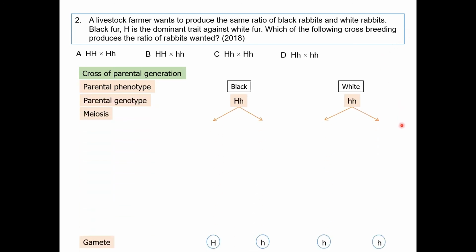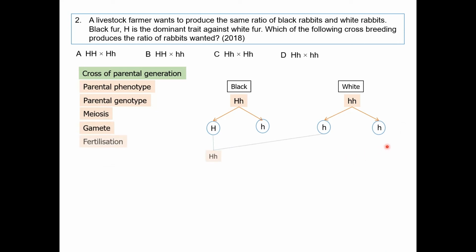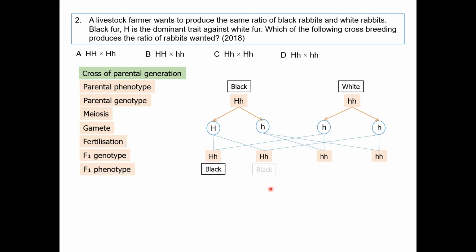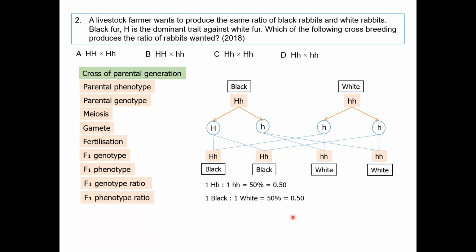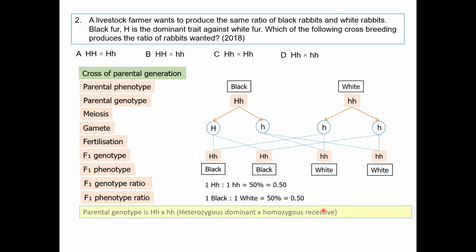Meiosis process, gamete, fertilization, genotype, phenotype. So the genotype ratio is 1:1 or 50%, and the phenotype ratio is also the same. So the parental genotype is heterozygous dominant crossed with homozygous recessive. Okay, the answer is D.